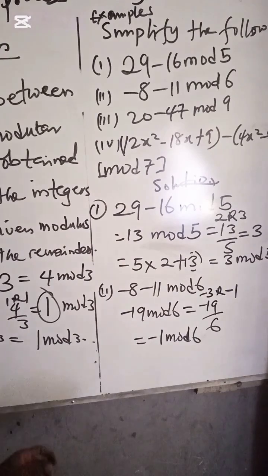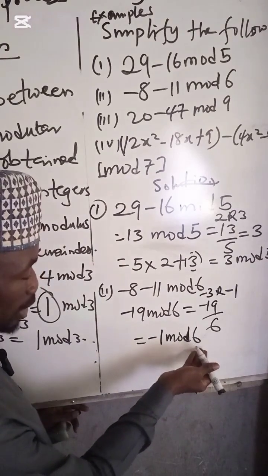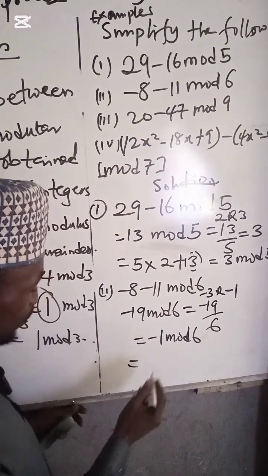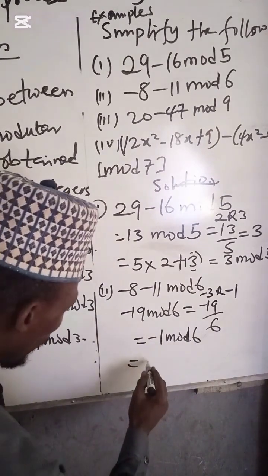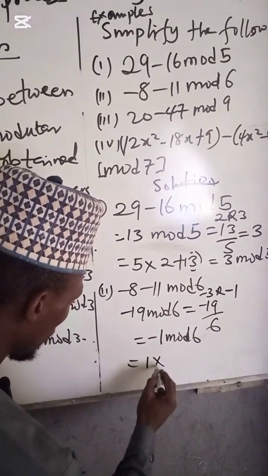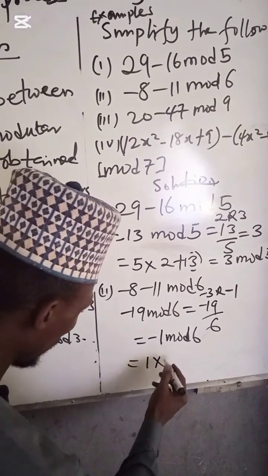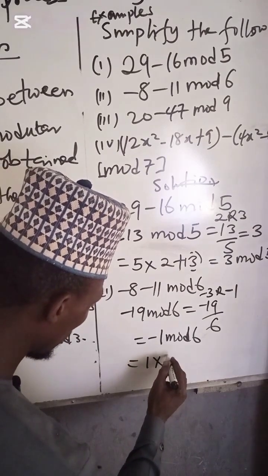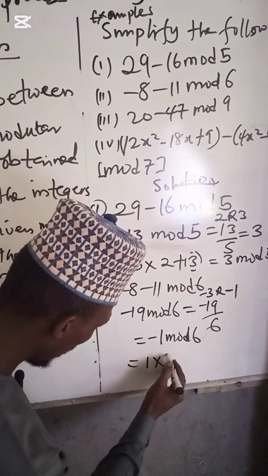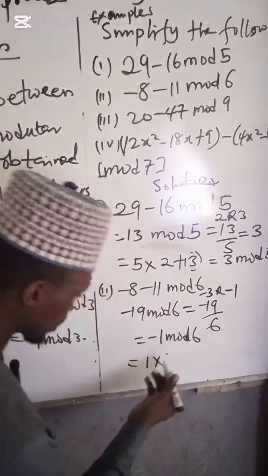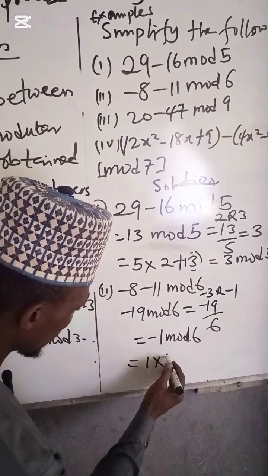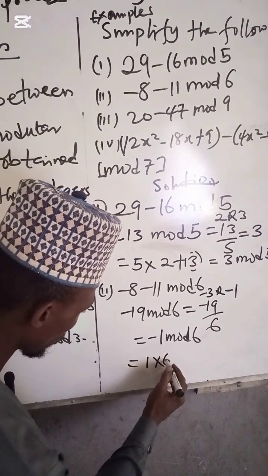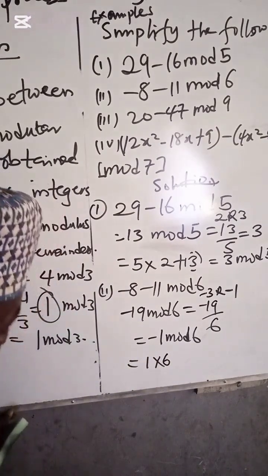So what do we do? We take the modulus, which is 6, and say we have 1 times 6.